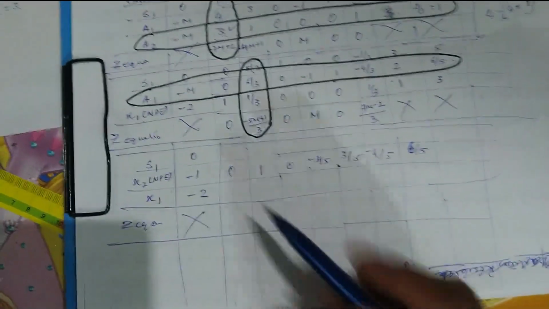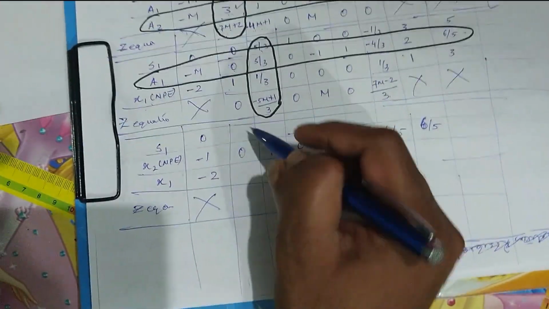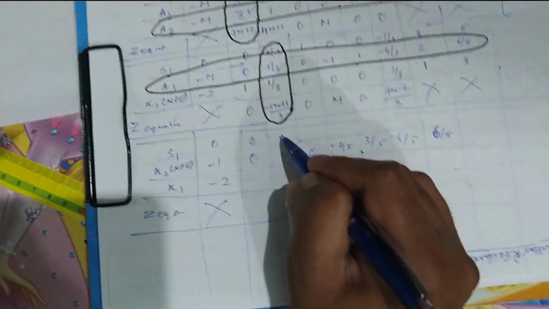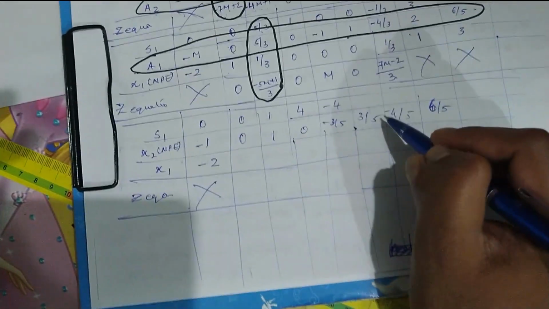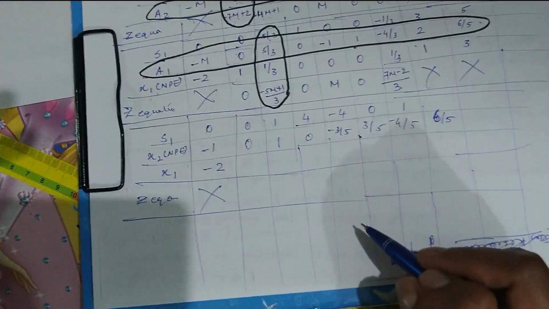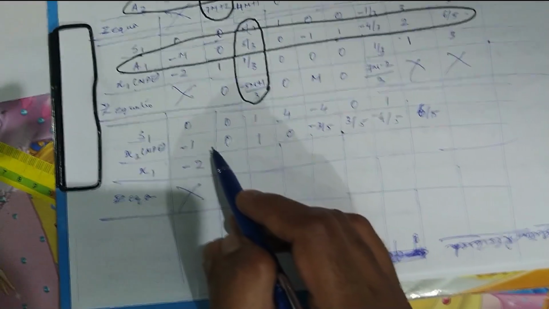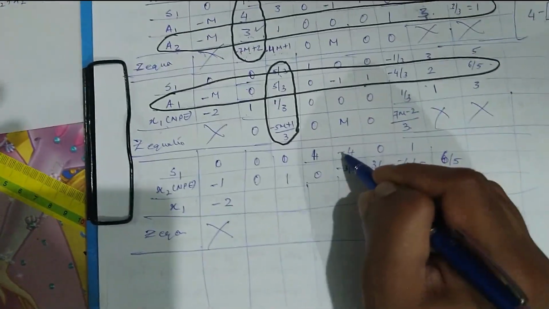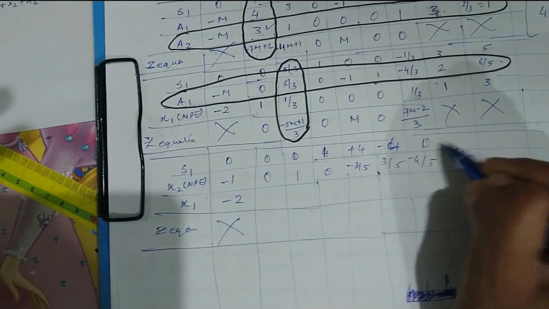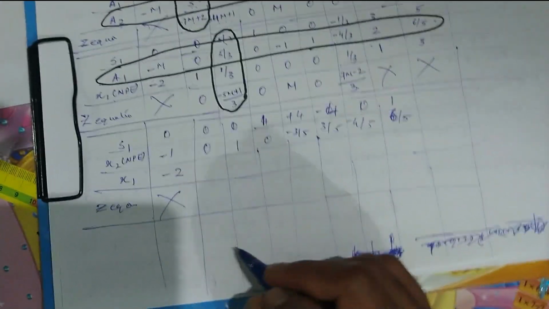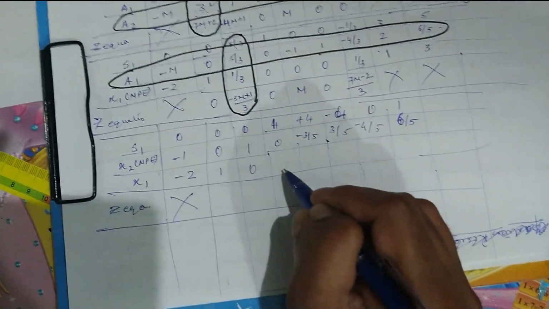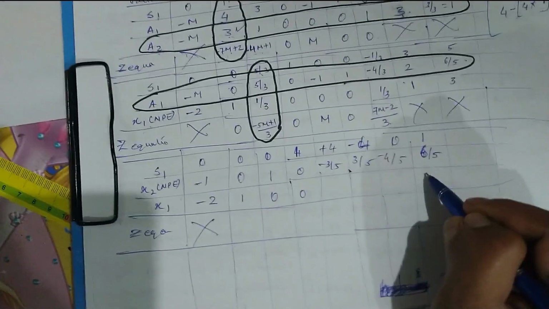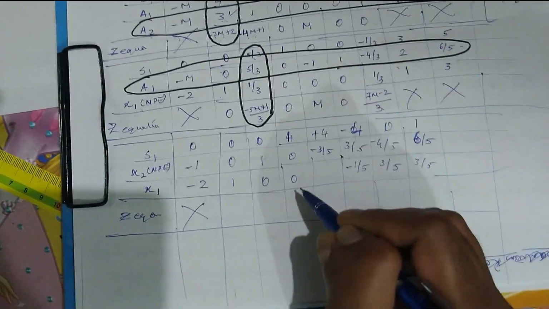Then the remaining other elements need to be filled up just as with the procedure that we have already used. So the values will become as follows.